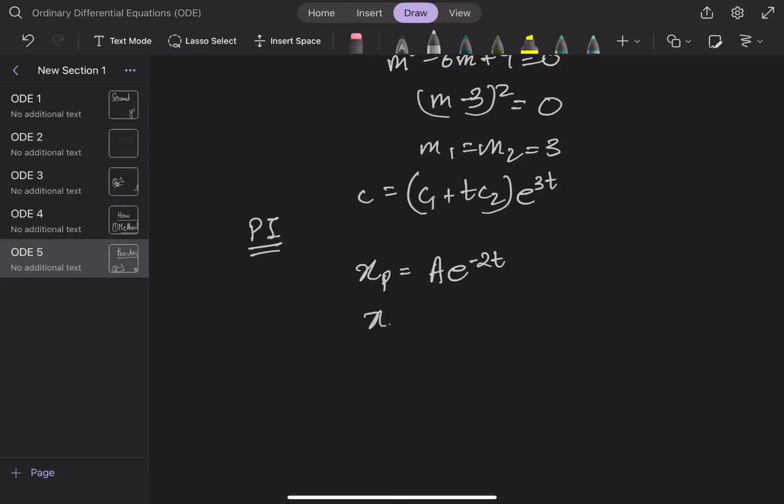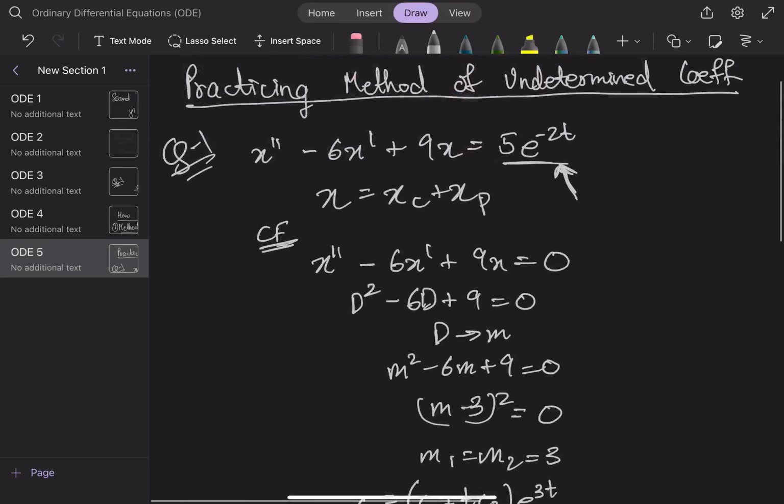So let's find xp dash, that is minus 2a e raised to minus 2t, and xp double dash is 4a e raised to minus 2t. Now let's plug it into the original equation.